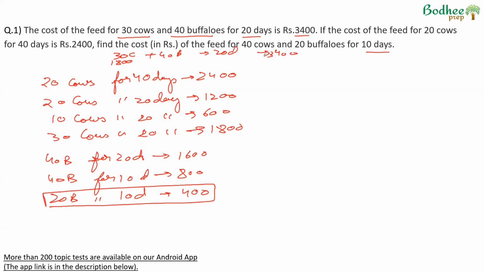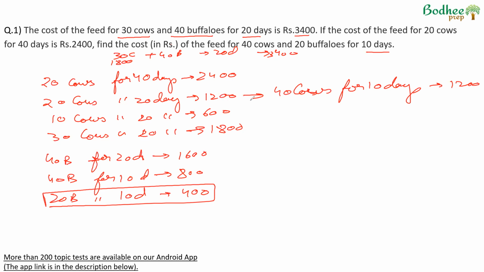Here we had 40 cows for 10 days. So if we work with this, 20 cows for 20 days is 1,200 rupees. We double the cows, 40 cows, and halve the time, 10 days, so it will require the same amount, that is 1,200 rupees, because the number of days becomes half, so the cost will become half.